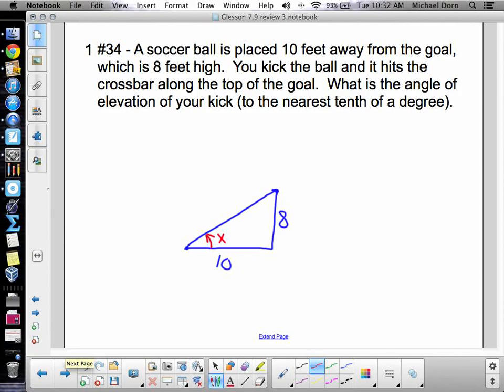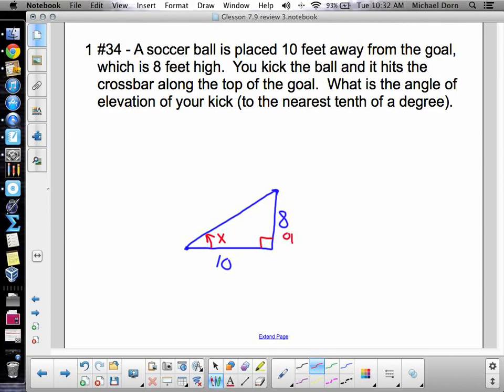How do we set that up? Assuming, of course, that the goal is vertical. How do we set that up? Why did you choose tangent?